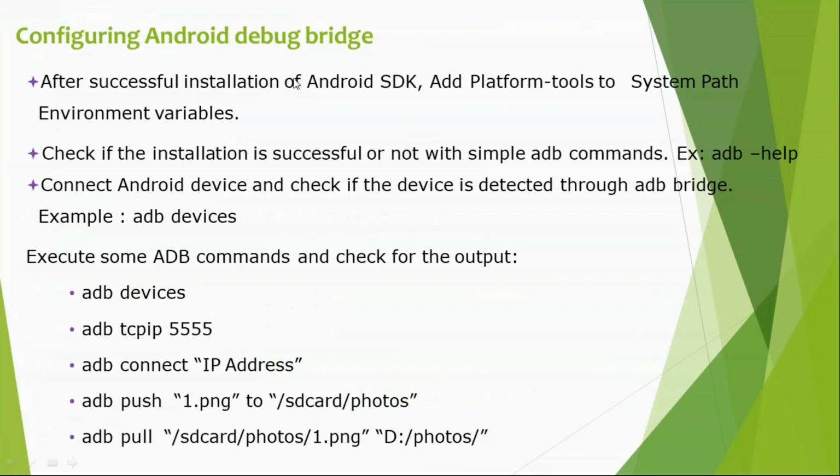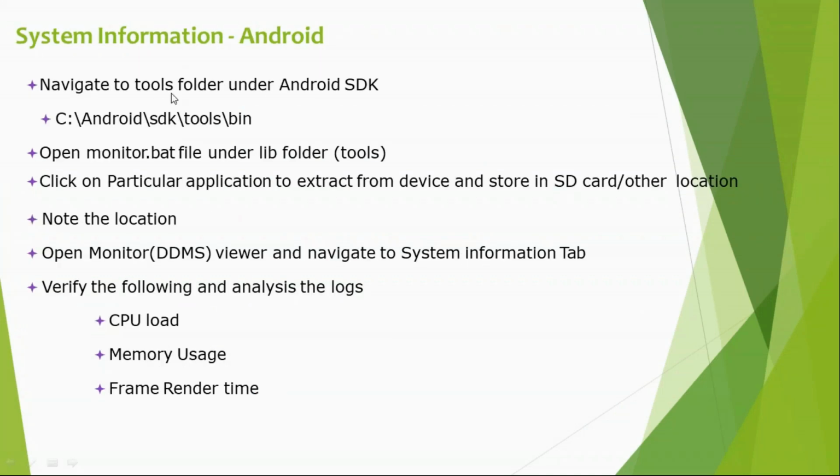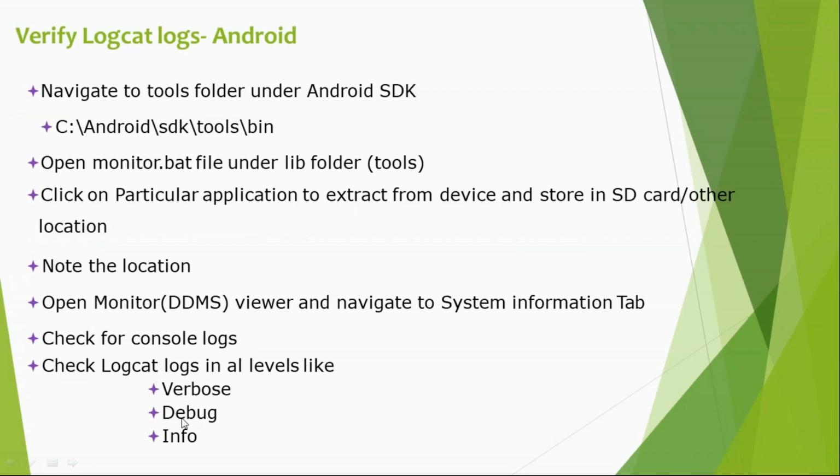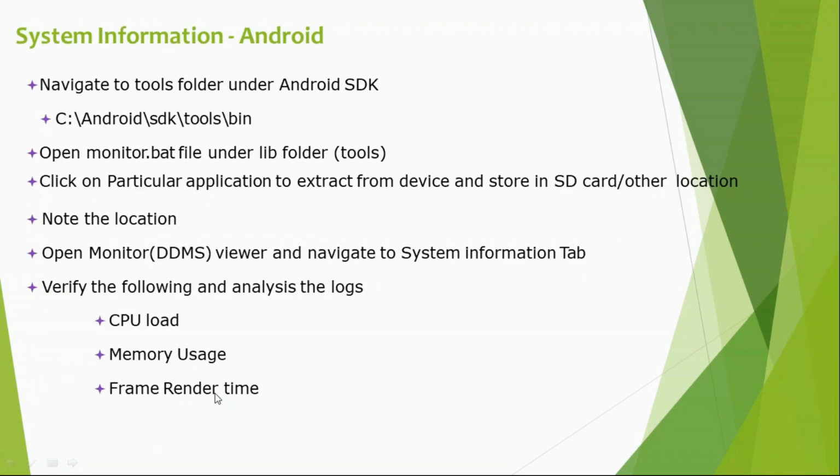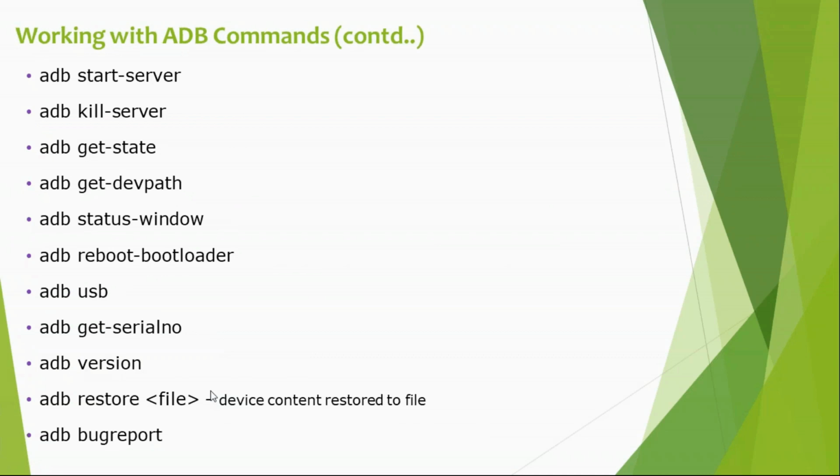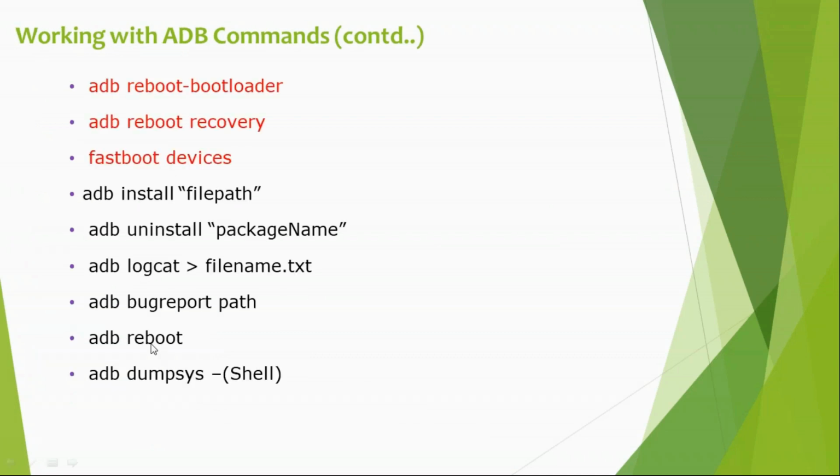You know how to use Android debug bridge system information. You know how to get it. Go to this monitor.bat, CPU load, memory usage, frame rendering time. And you know how to see the logs, verbose logs, debug logs, info and error logs. You know these Android commands.